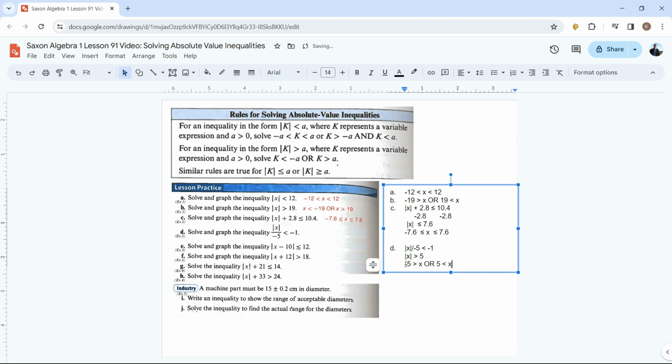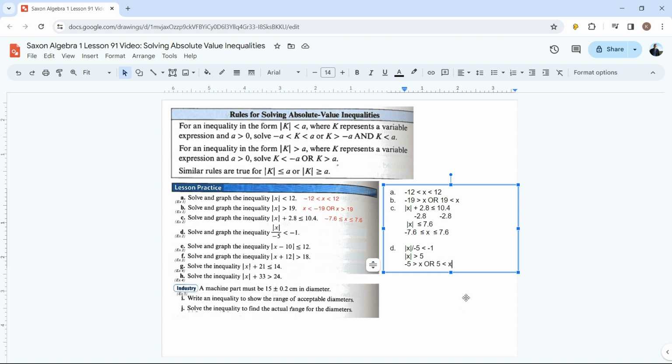If I were to graph this, I would put an open circle at negative 5 and shade to the left because x has to be less than negative 5, right? Negative 5 is the greatest x could be, and it can't even be negative 5, so I'd have an open circle there. And then at 5, I'd have another open circle, and then I'd shade to the right because 5 is less than whatever x is.